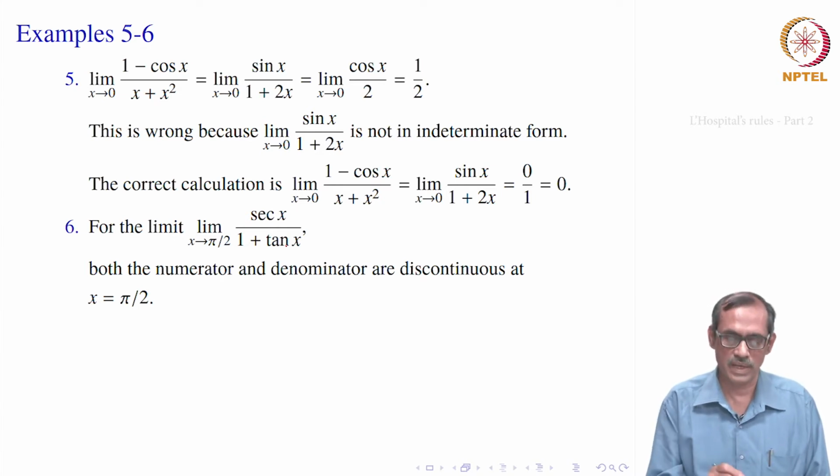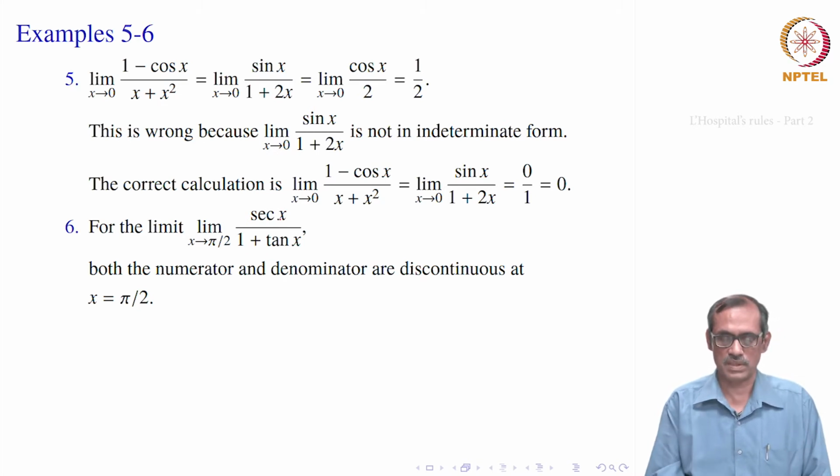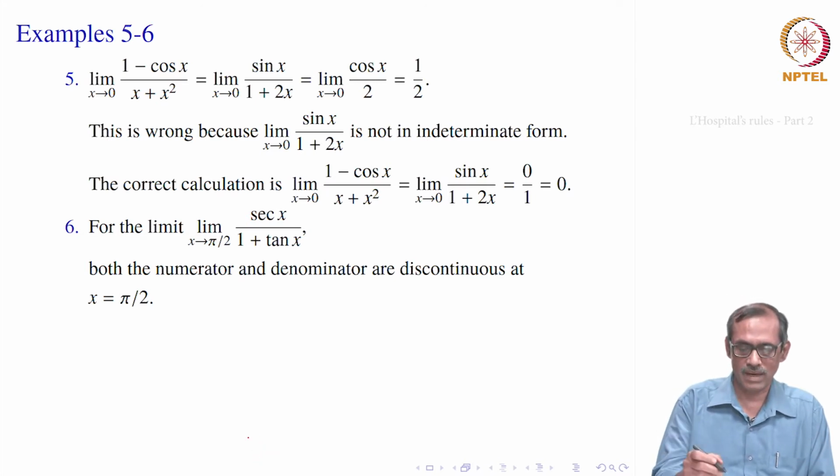So, it is in infinity by infinity form, not 0 by 0 form. There of course, we can use L'Hopital's rule that we have commented on earlier, but there is another problem: at x equal to pi by 2, they are not continuous functions. So, we cannot just say x goes to pi by 2 here.